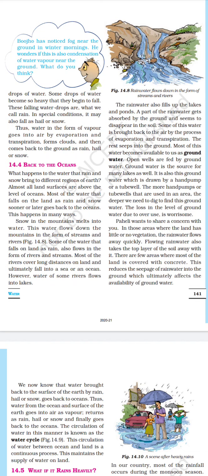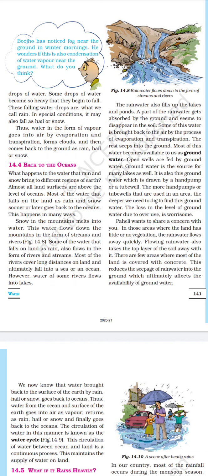Most of this water becomes available to us as groundwater. Open wells are fed by groundwater. Groundwater is the source for many lakes as well. It is also this groundwater which is drawn by a hand pump or a tube well.